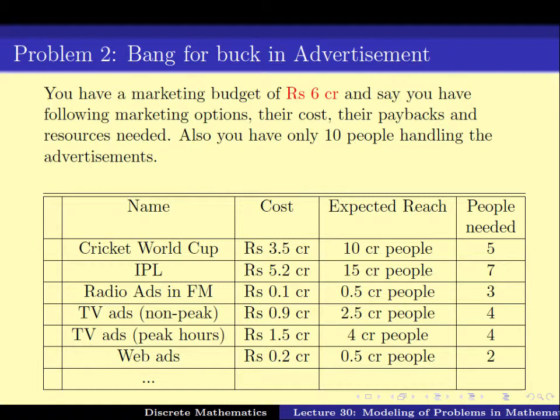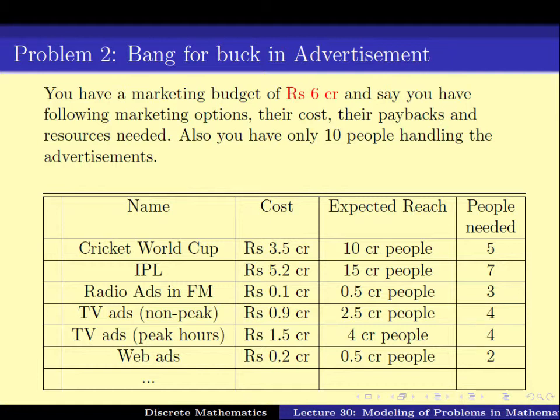Now you can spend this 6 crore in different ways. Here is the set of options. You can spend it on an ad during the Cricket World Cup. It would cost you 3.5 crore and the expected reach will be say 10 crore people. But for getting this advertisement working and dealing with various logistic issues, you need 5 people.